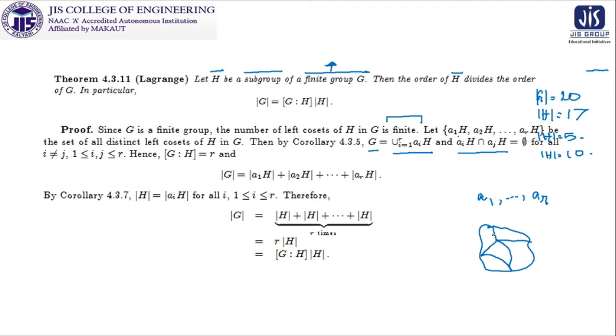There is no intersection between these two, but their cumulative effort, the union, gives you the whole set G.